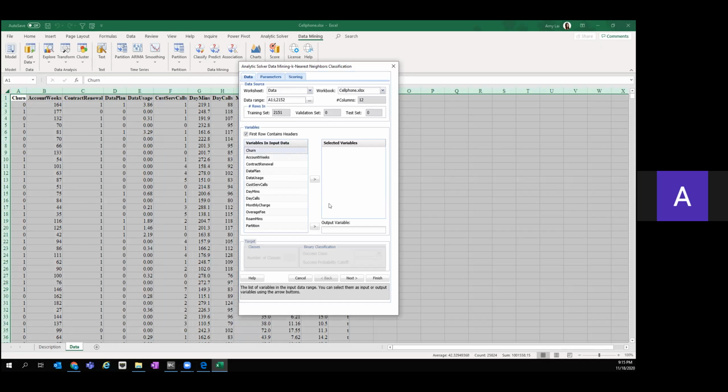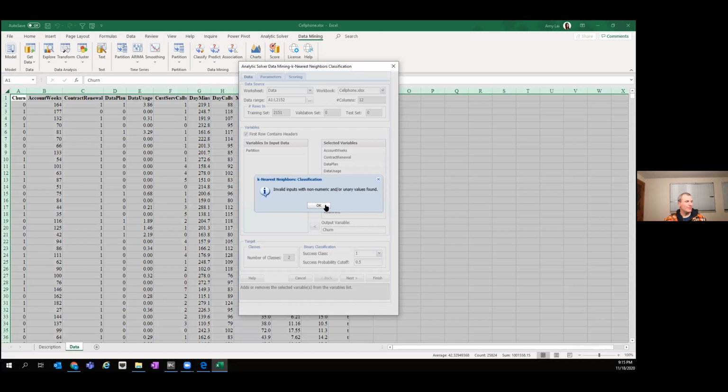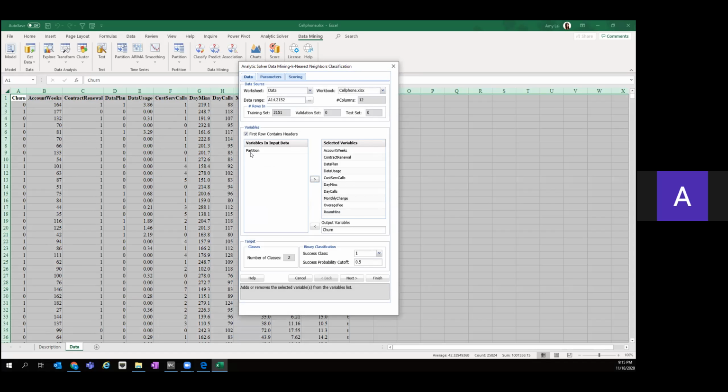I think churn is the independent, right? And then everything else is. Yeah, more or less, except churn is the dependent, but in spirit, you're right. Sorry, yes. But that means I have to leave out partition. Let me double check it.